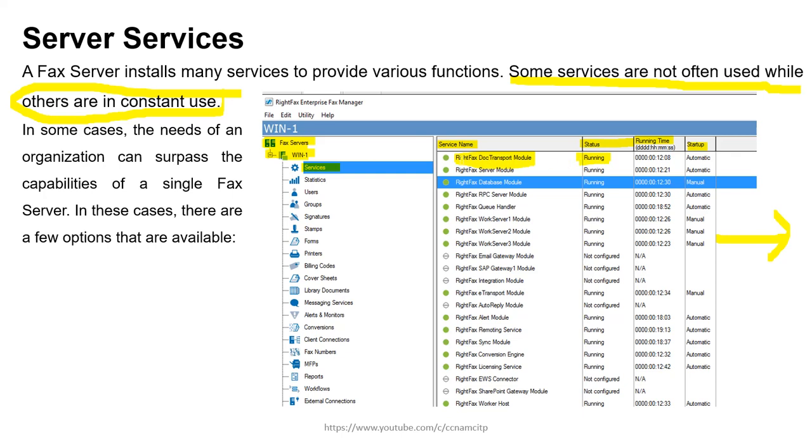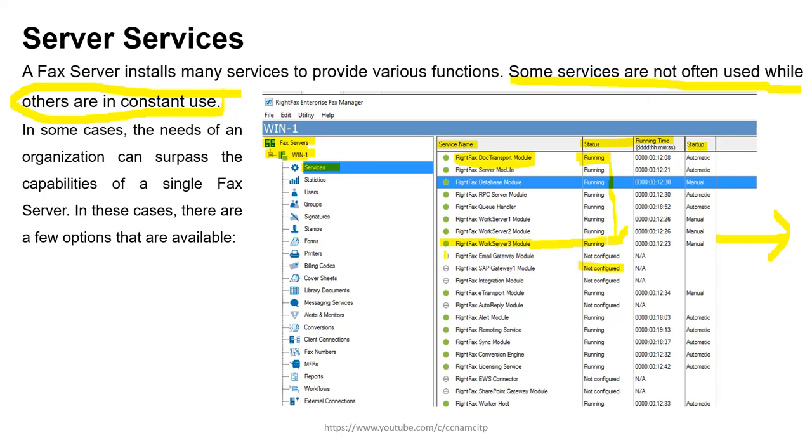Because without DocTransport server you will not be able to send and receive faxes, so you need to run it all the time. Similarly, if you look at the bottom side, there are a couple of services running, up to this RightFax Work Server 3 module. But the next one, the RightFax email gateway module, is not configured at all. That is what I was talking about: some services are not often used while others are in constant use.